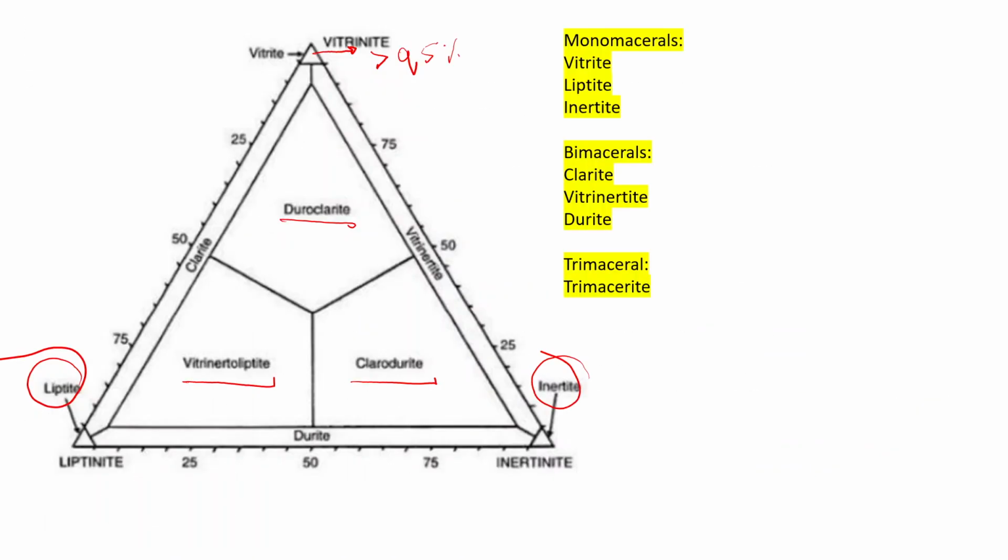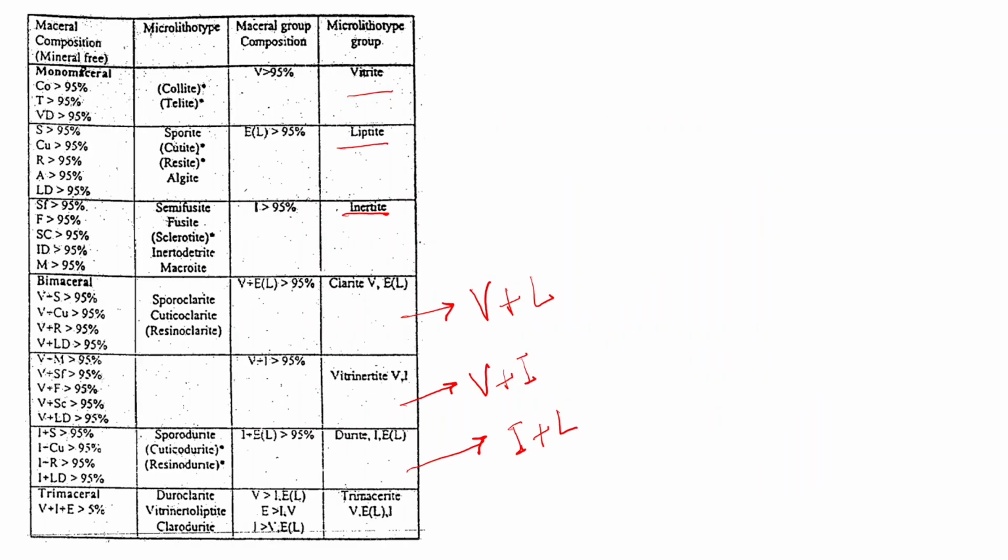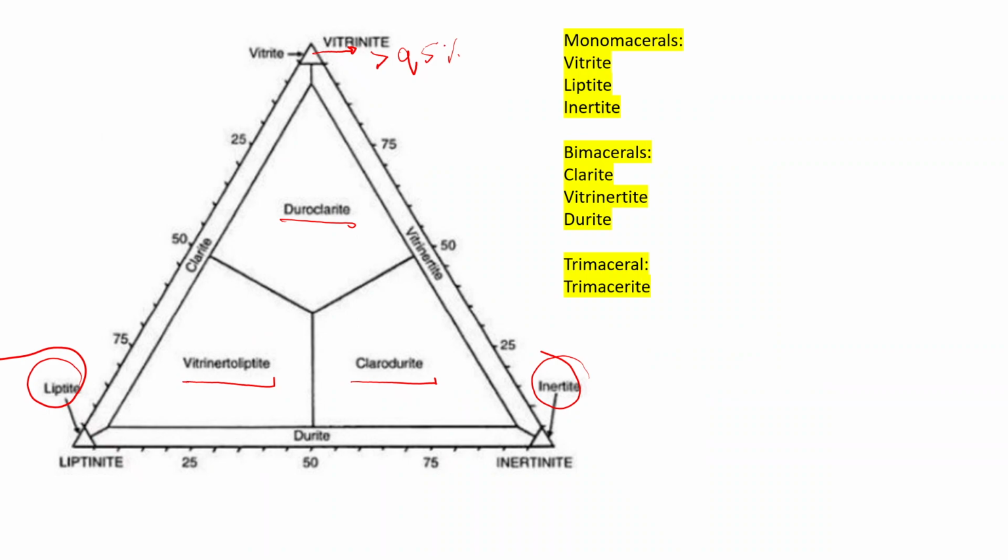So let us have a look at this figure again. So in this, you can see that when we are talking about duroclarite, vitrinite has to be more than liptinite. Let me just copy this and bring it here.